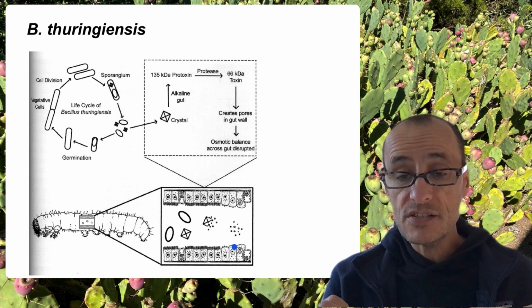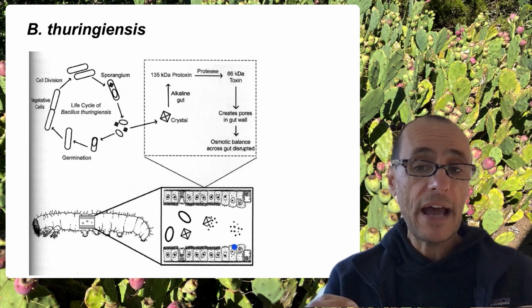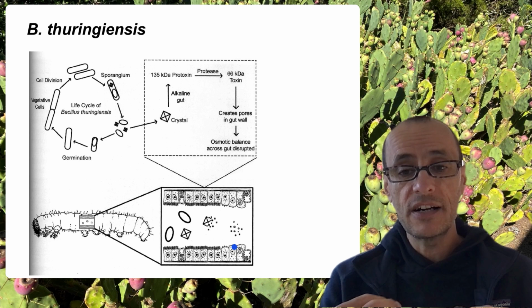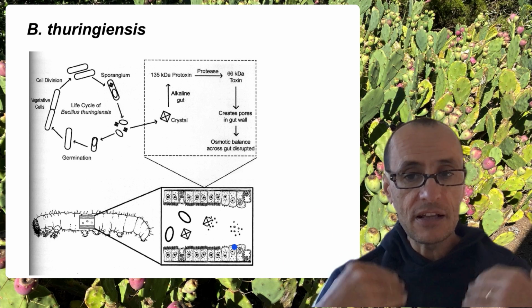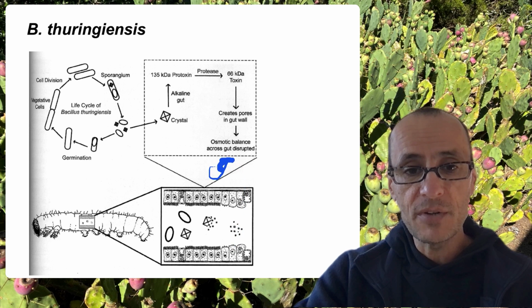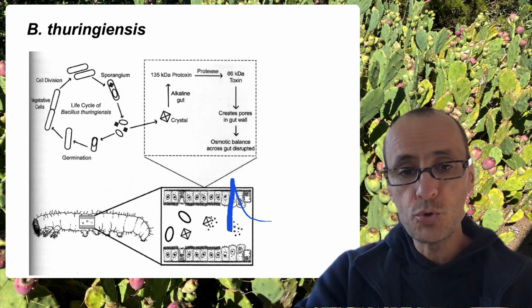And as it binds to the midgut, it will actually cause a series of sodium potassium channels to open up, and liquids will start to flow from the hemolymph, which is on this side, into the lumen of the midgut.